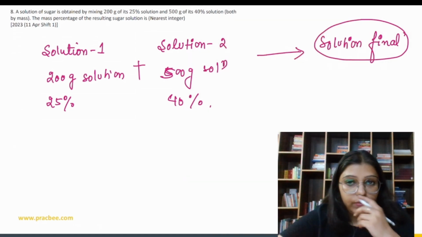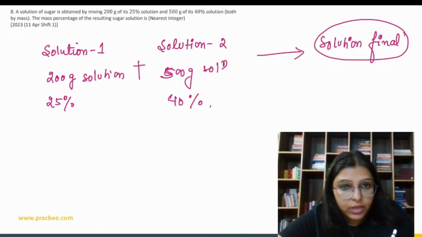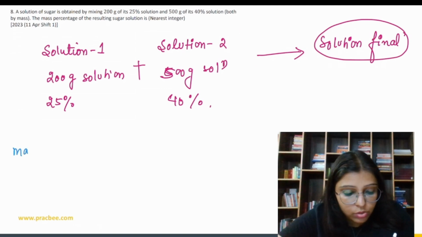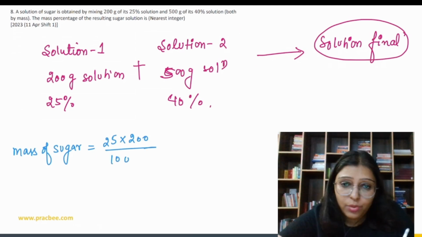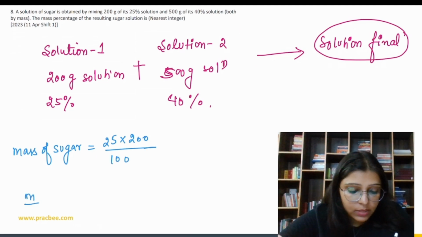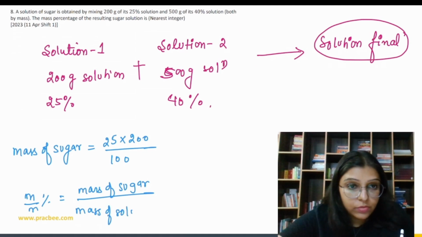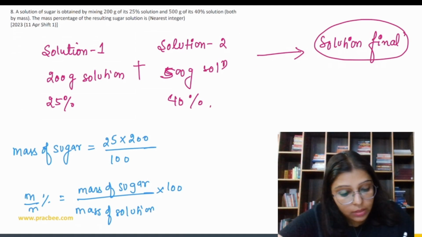Now see, we can find out the mass of sugar in this solution. Mass of sugar is equal to 25 into 200 upon 100. Because mass by mass percentage is equal to mass of sugar divided by mass of solution into 100, and I am finding the mass of sugar.